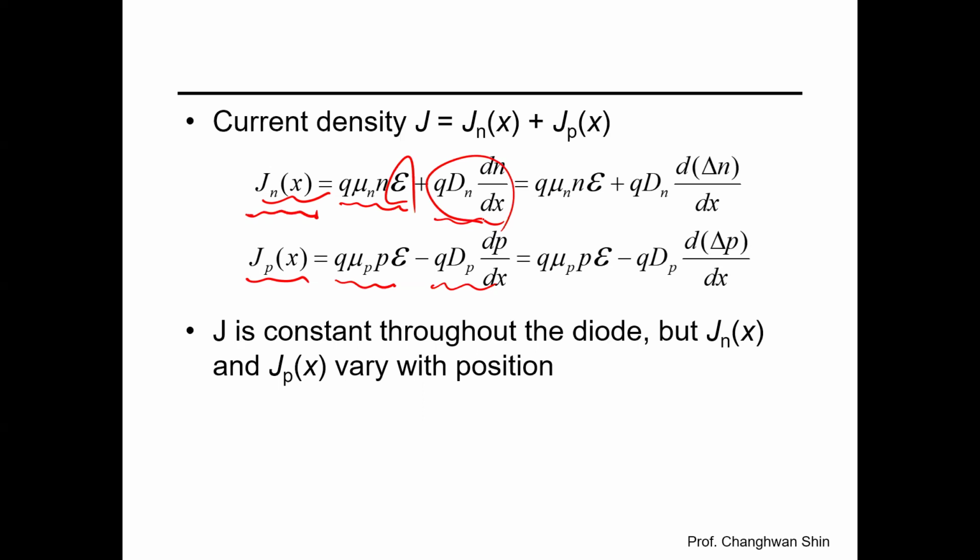So in a diode, both mechanisms contribute to the overall current flow, but as we will see, diffusion quite often dominates in the quasi-neutral regions in the PN junction diode.